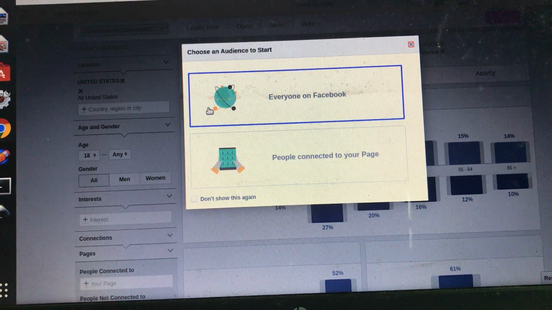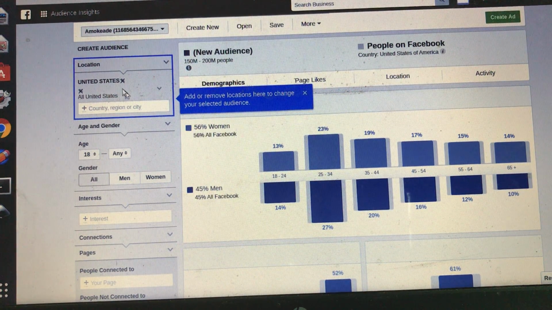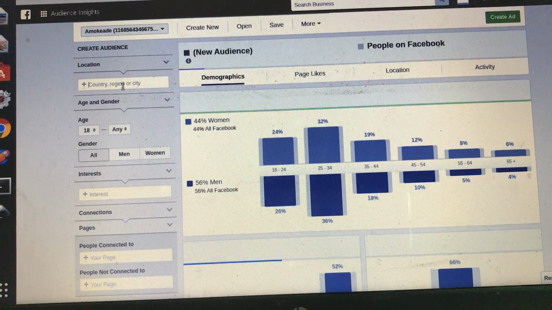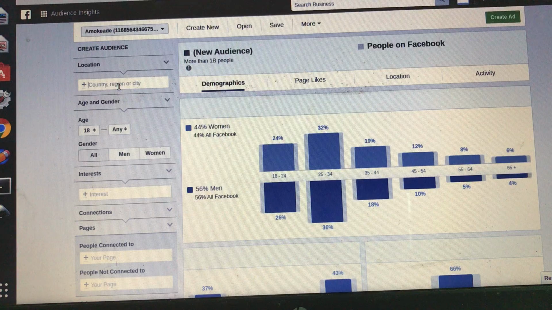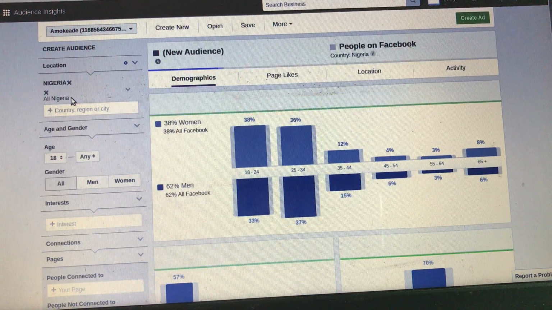So when I click on everyone on Facebook, then I'll come to this place to remove United States, because I want to narrow my audience down to people who are in Nigeria, you understand. So I'm going to be choosing Nigeria as my country. Nigeria. So I have it here.